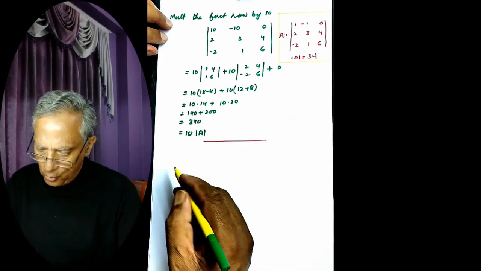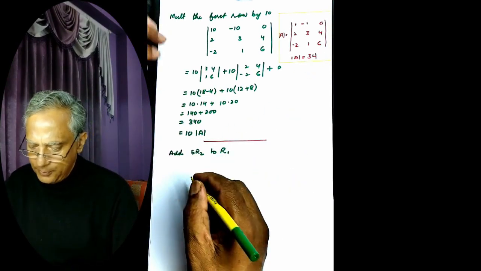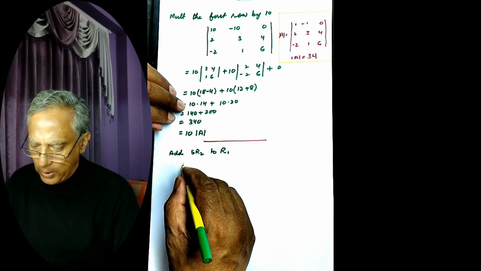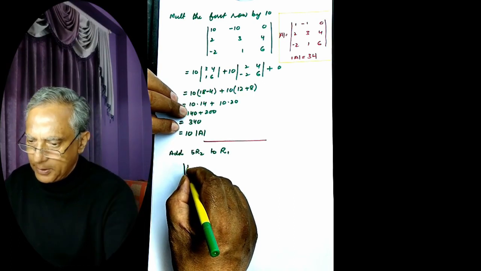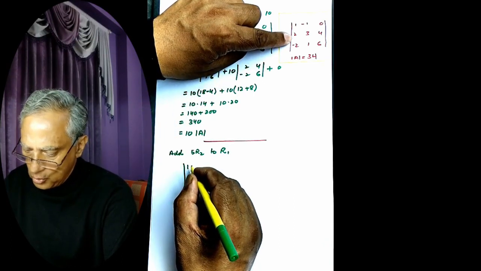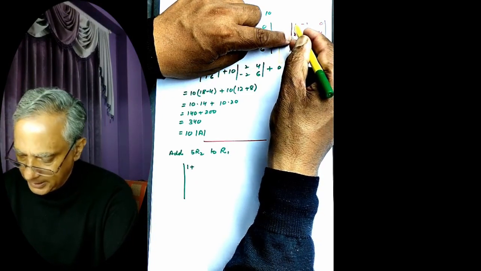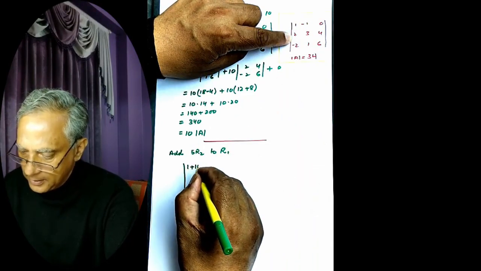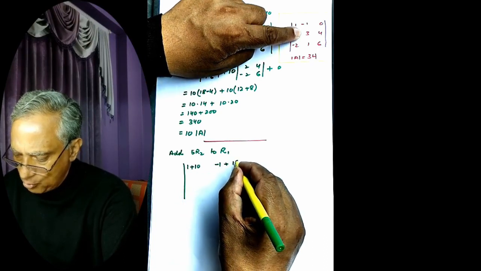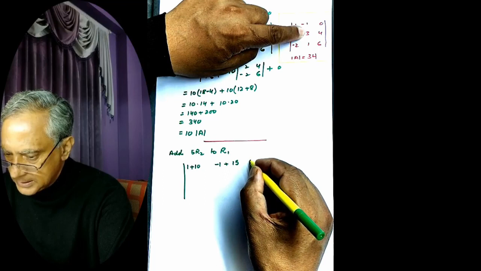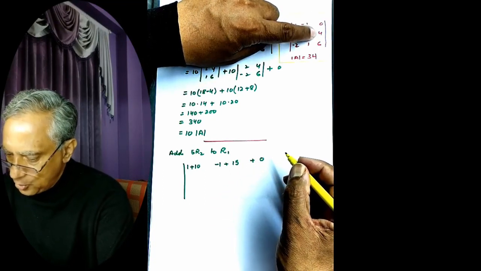Now what we do is add 5 times R2 to R1. What we get is, now this will be 1 plus 5 times R2. 5 times this is 10, we add this here. So 10 minus 1 plus 5 times this is 15, plus 0, and 5 times this is 20.